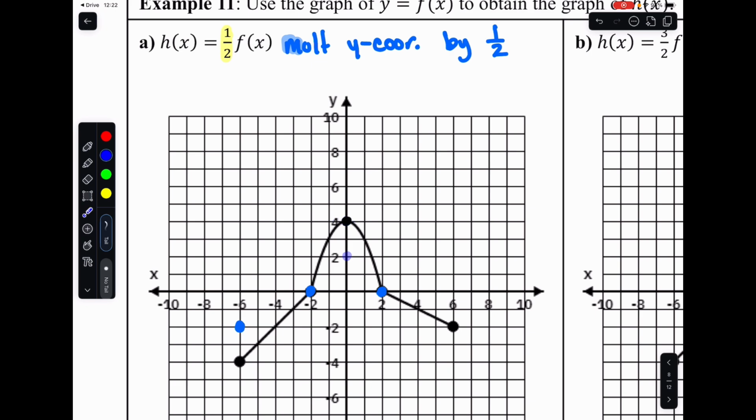So we're only going to go up 2 units. Half of 4 is positive 2. And then the same thing with this last point here. This last point has an x value of 6, but the y value is -2. So half of -2 is -1. So this is only going to go down half the distance. So the graph will look like this.